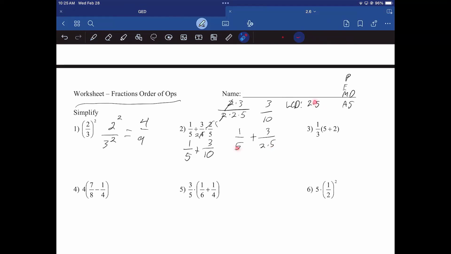So 5 and 5's covered. I don't have to stress it.